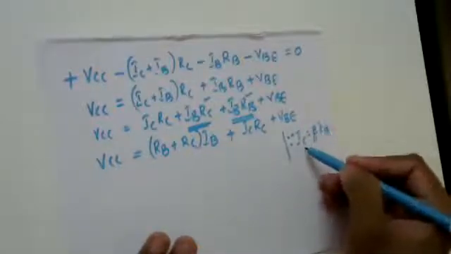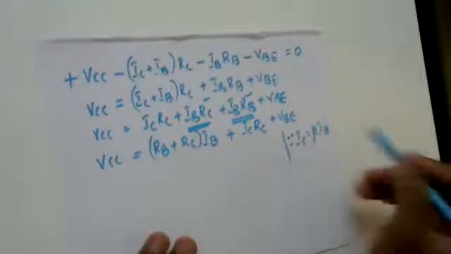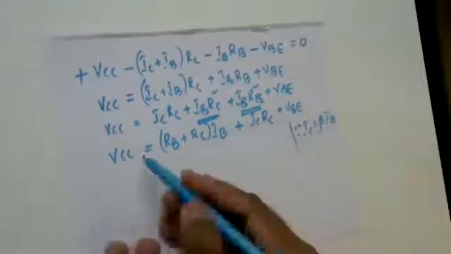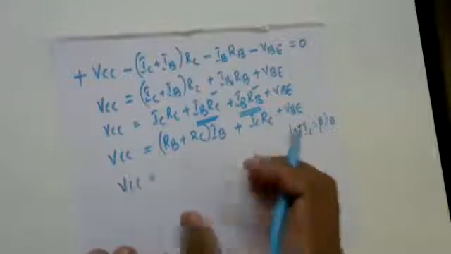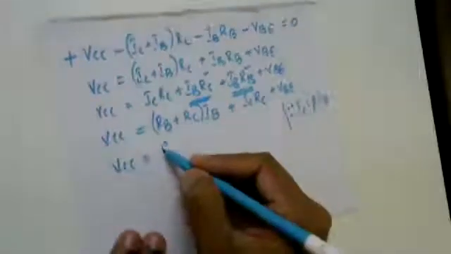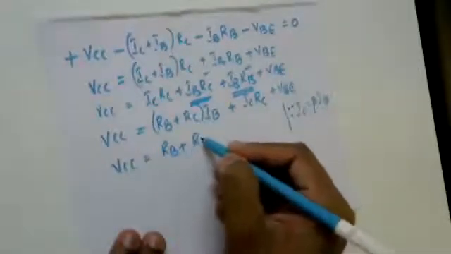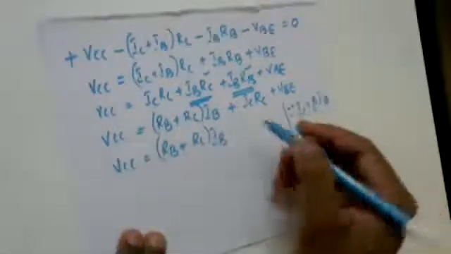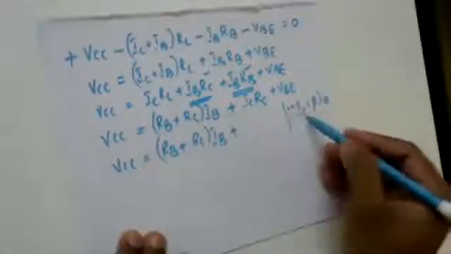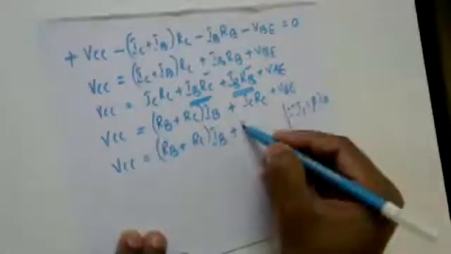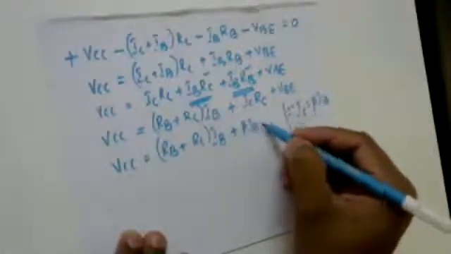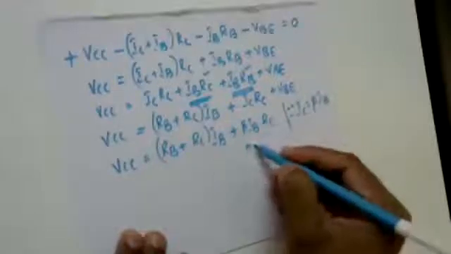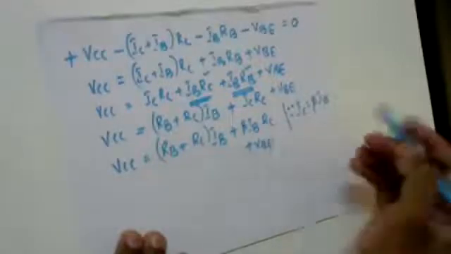So it means I can write IC now as beta times IB. So I can write this as VCC is equal to (RB plus RC) into IB plus, how can I write IC? I can write IC as beta times IB into RC plus VBE.